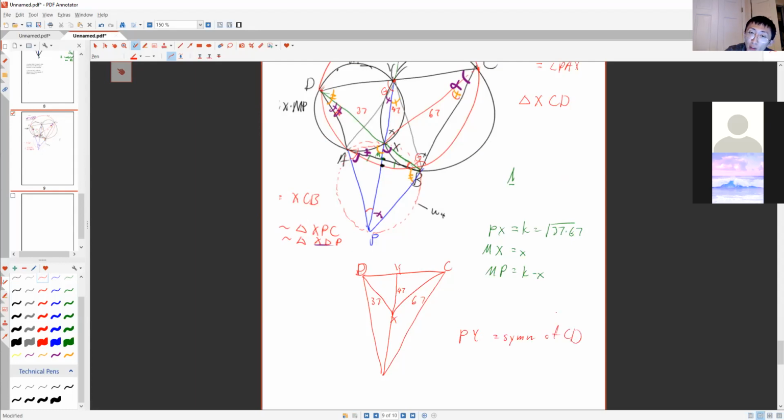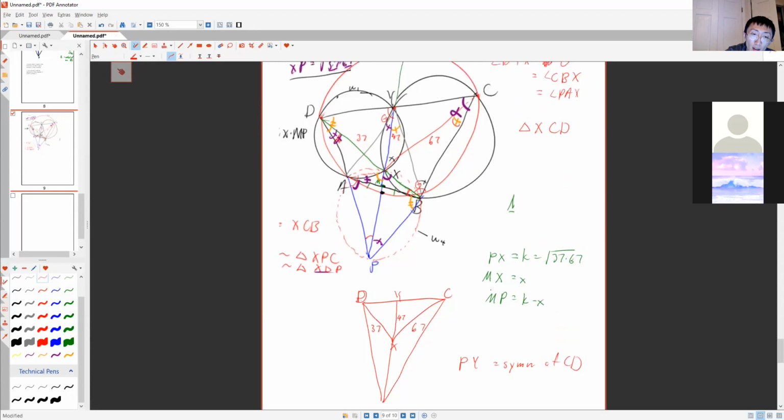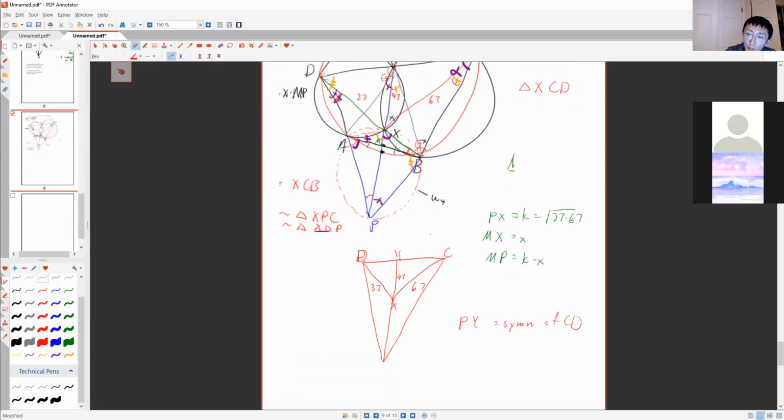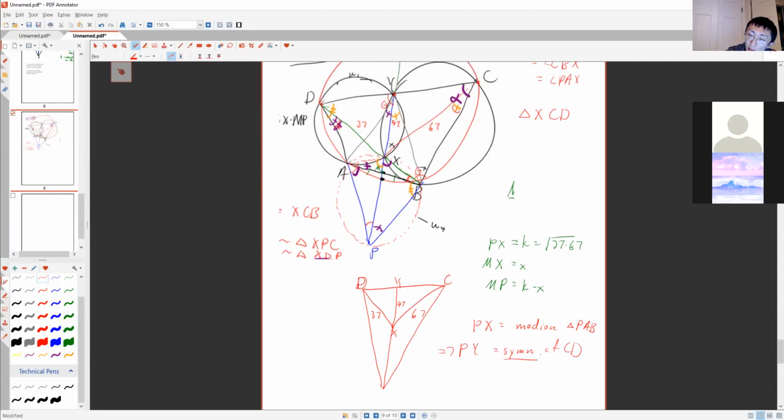So we can get the ratio DY to YC. Is Y the midpoint of CD? Yeah, Y is not the midpoint of CD. It's not the symmedian point. I said that PX is median of triangle PAB, which means that PY, which is the same line as PX, is the symmedian of PCD.